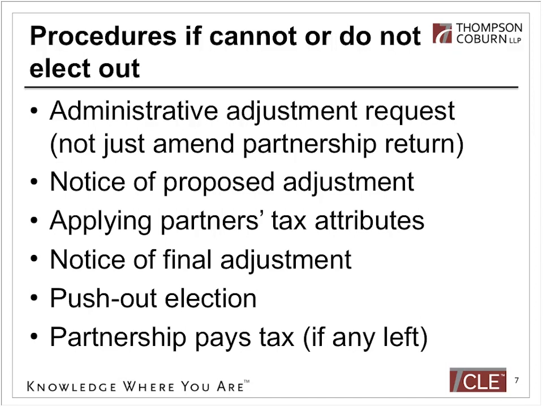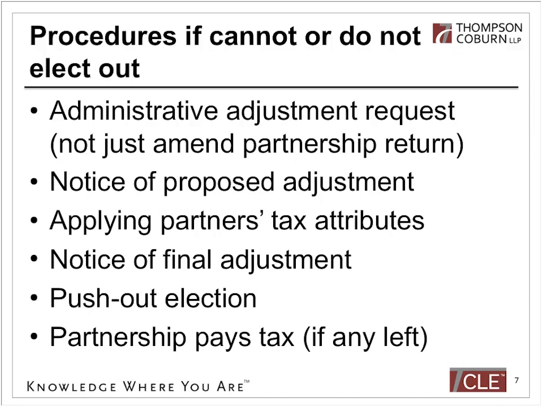The notice of proposed adjustment will say what the various tax attributes from the return need to be changed. So there might be more income, a disallowed deduction, a disallowed credit, whatever it is.